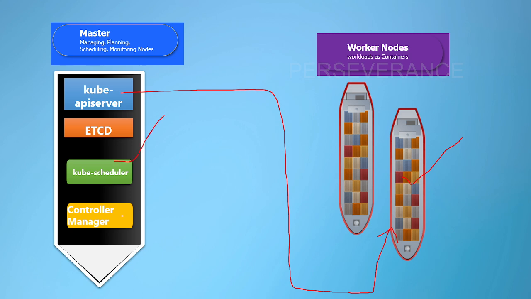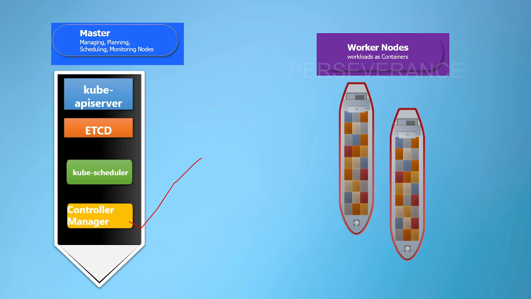And what is controller manager? We have multiple objects in Kubernetes technology. We have something like pod, deployment, replica set, you will come across everything. Every object, even worker nodes, should be monitored and controlled by someone. So the controller manager has multiple controllers.